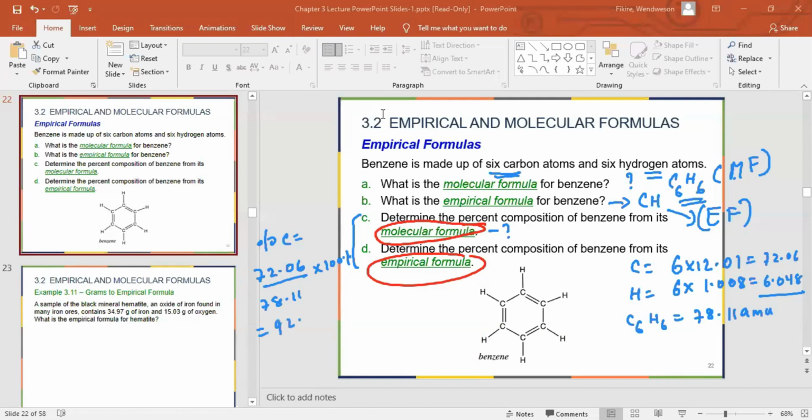What's the percent of hydrogen? That's 6.048 divided by 78.11, which gives us 7.74%.